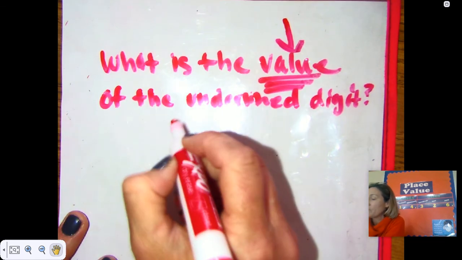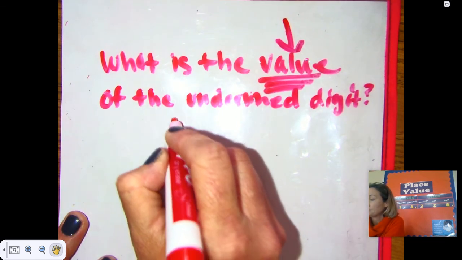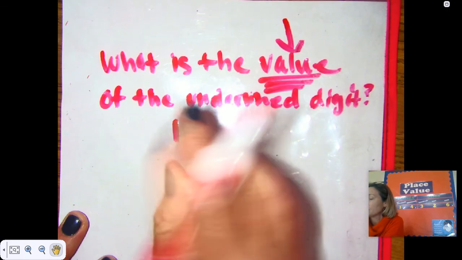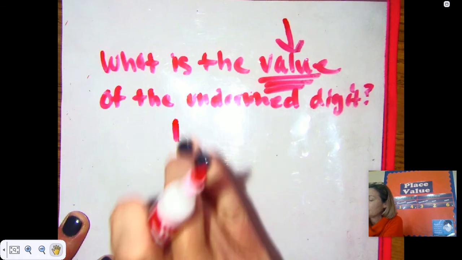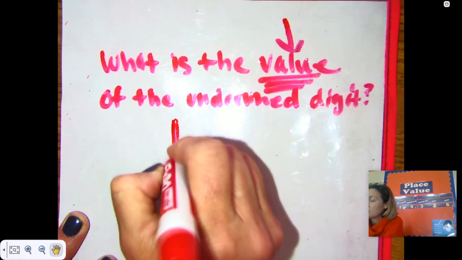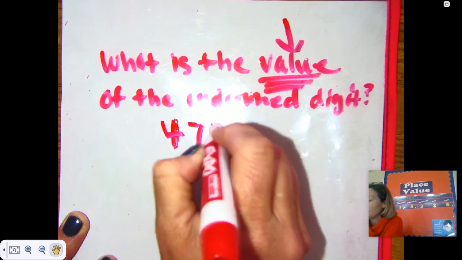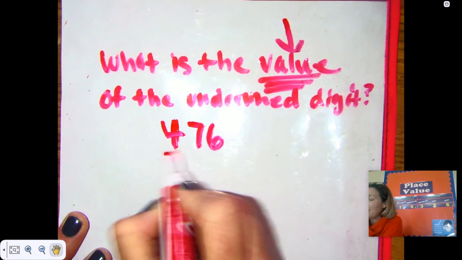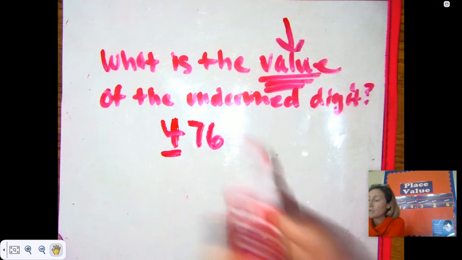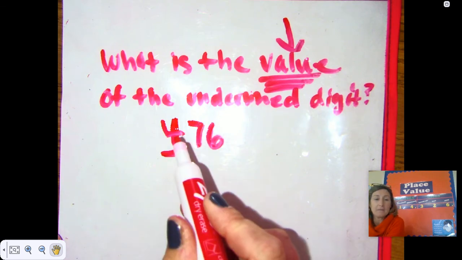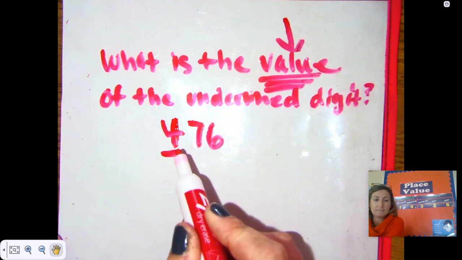Okay, so let's do an easier one to start out with. 476, and they have the 4 underlined. Okay, the 4 is the underlined digit.